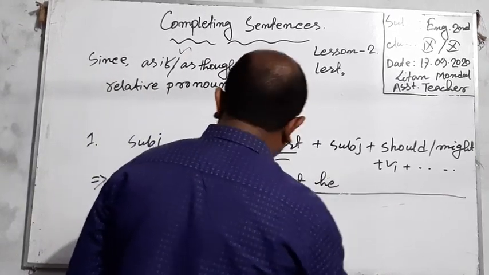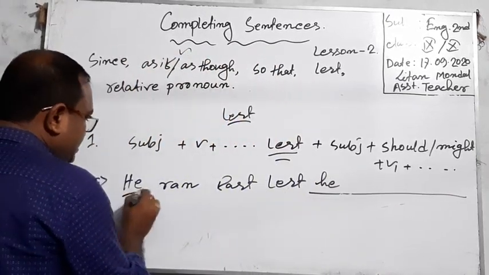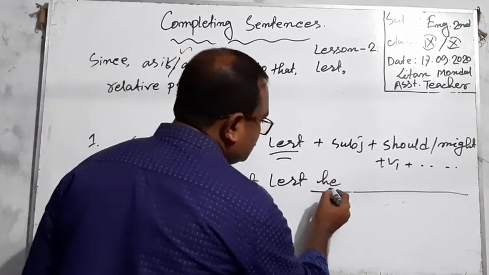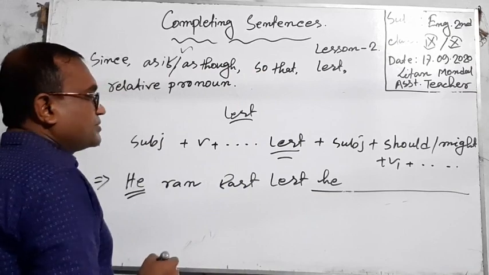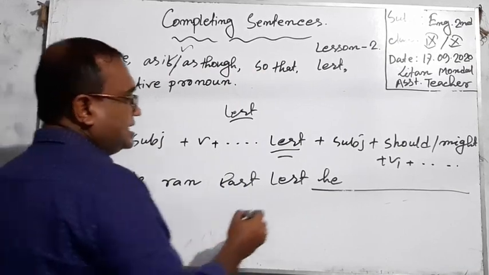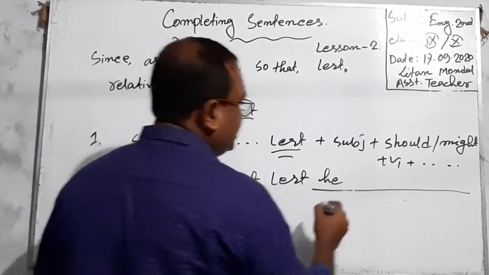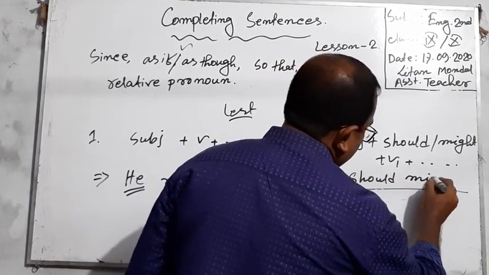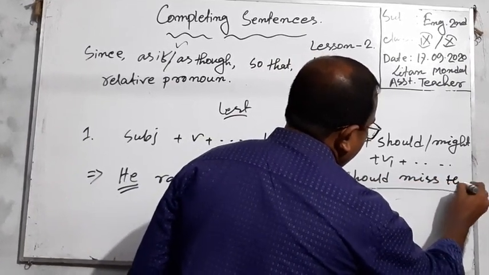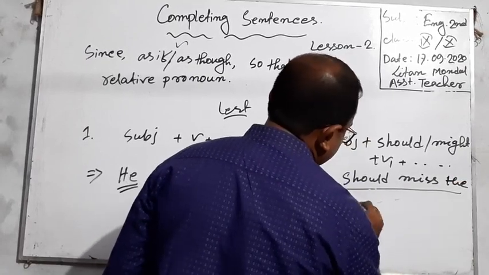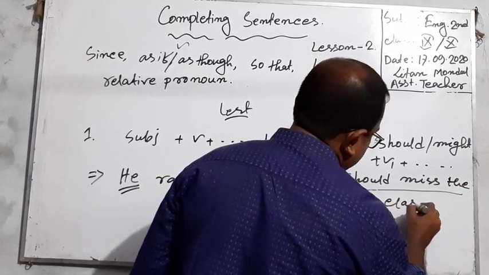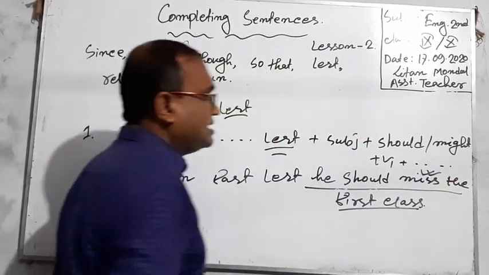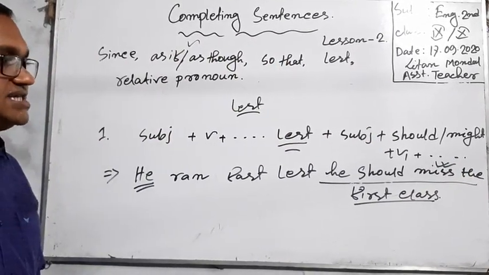The first subject here is he. So according to that, we have to bring the second subject according to the first subject, and I have used here he. He should miss the first class. Look, miss is giving us a very negative conception.